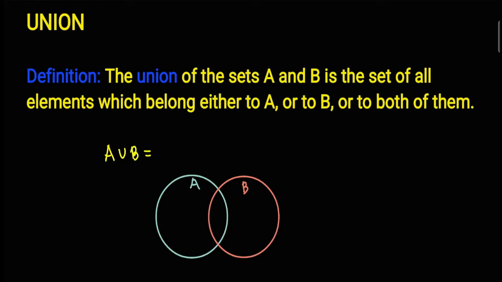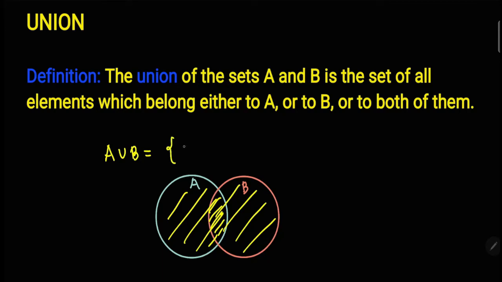So here, we have two sets A and B. Either an object belongs to A, so that means it is also in the union, or the object belongs to B, or to both of them. It's both in A and B. So we write that as follows.